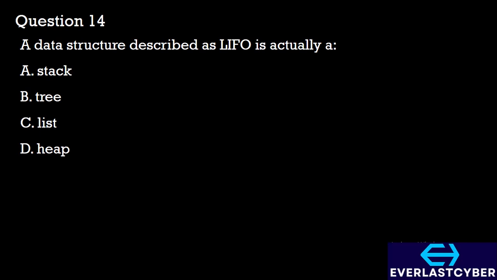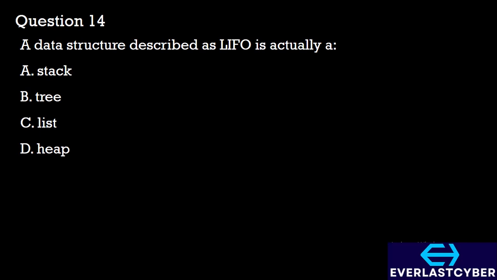So our answer is likely option A, but let's take a look at the other options. A tree is a hierarchical data structure where each element has a parent and potentially multiple children. It does not follow the LIFO principle. A list is an ordered collection of elements. So while you can add and remove elements from both ends of a list, it does not necessarily follow the LIFO or FIFO behavior. It is more of a general purpose data structure.